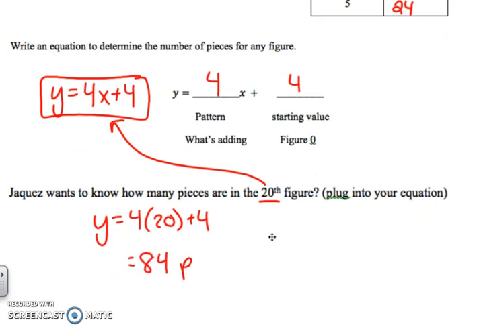So there are 84 pieces in figure 20. Okay? So if they said figure 100, I would plug in 100 right here into my equation. So the whole purpose of that equation is to figure out how many pieces for anything, any number you want me to figure out. I can tell you how many pieces there were in that figure.